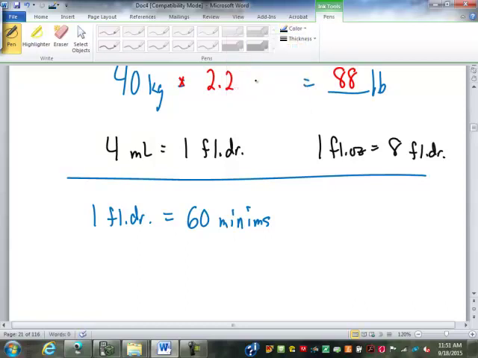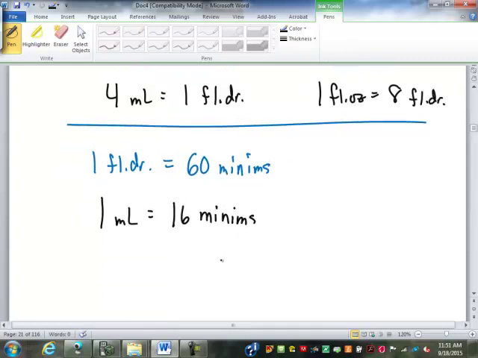Grains, I don't even know the conversion into the standard units anymore because they've been kind of twisted around. But in metric units now, 1 milliliter contains 16 minims. One gram contains about 15 grains.